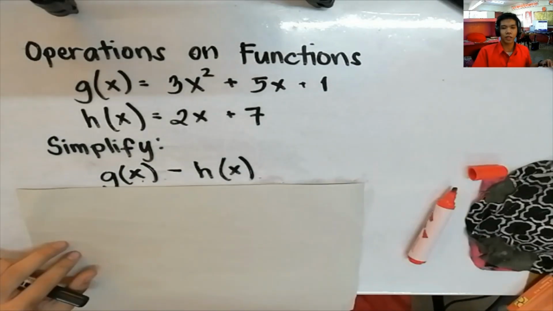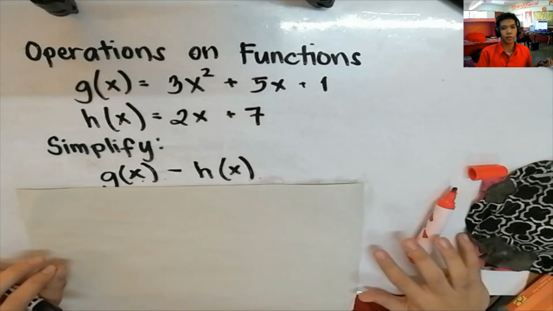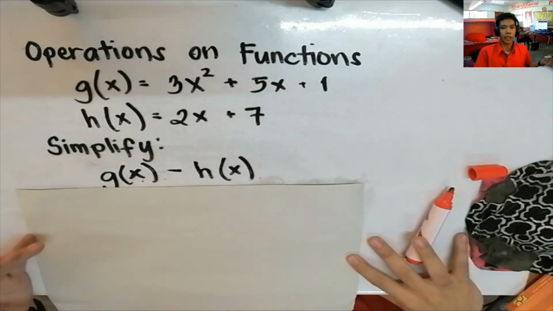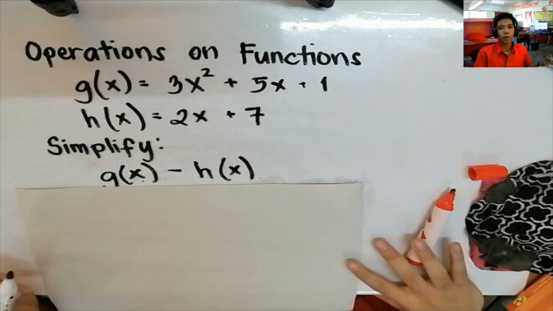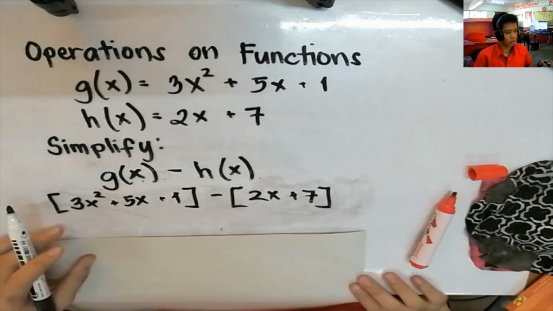Let us now proceed to subtraction. There's a bit of difference between addition and subtraction. In subtraction, we cannot combine similar terms immediately. We need to distribute the minus sign, or the negative sign, first.